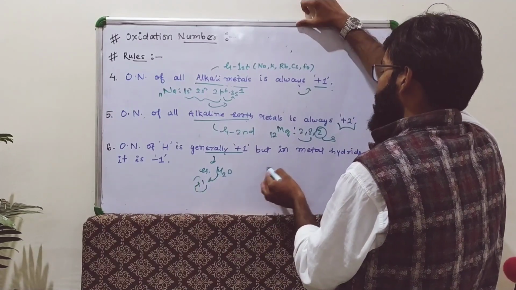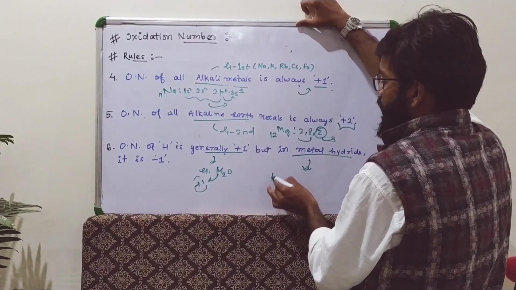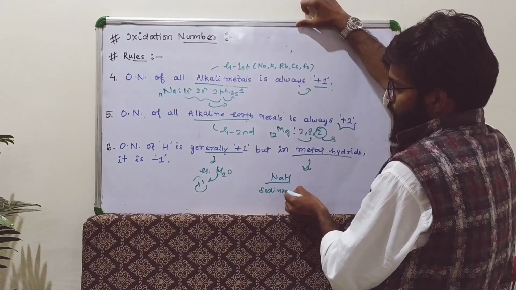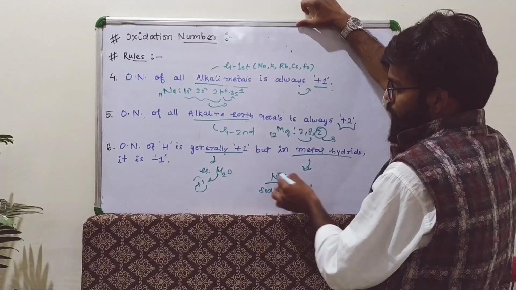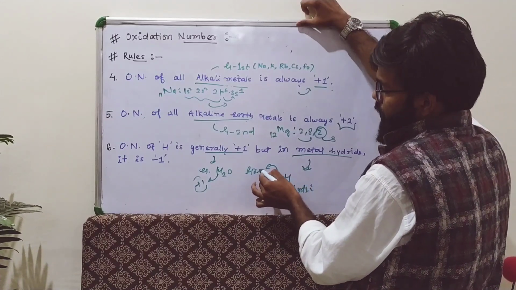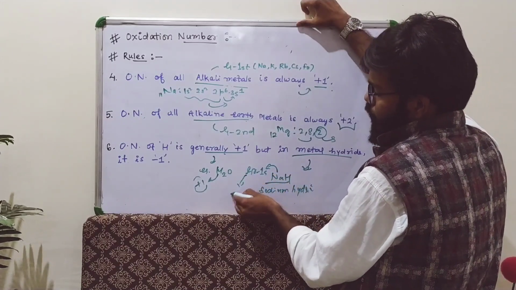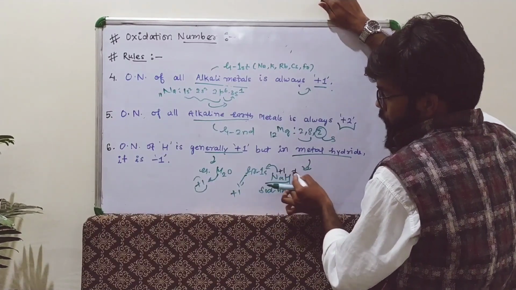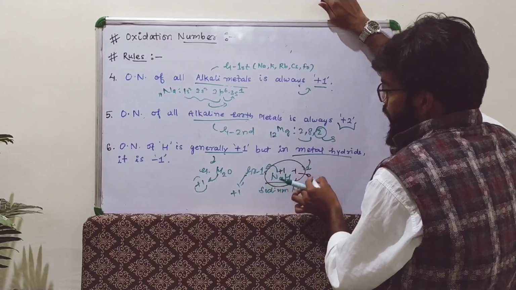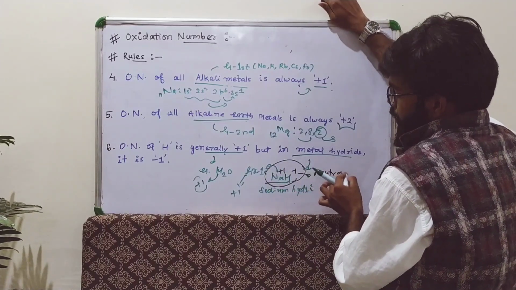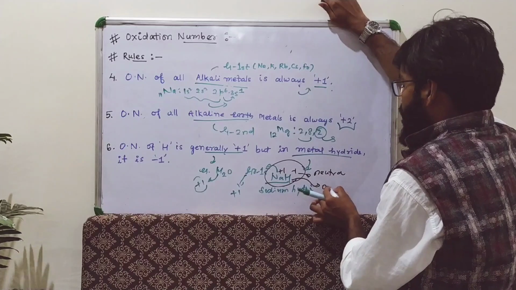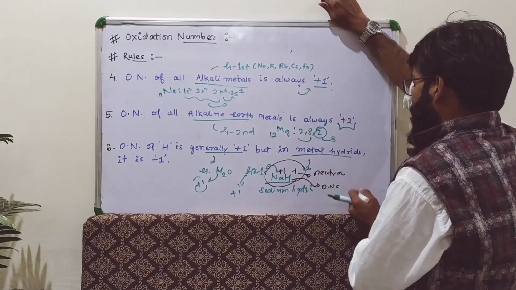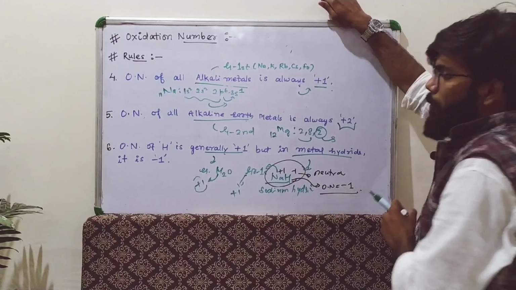But if we take a metal hydride, suppose sodium hydride, we have studied that sodium is a group first element, so it will always have +1 oxidation state. Then surely hydrogen will have -1 to make it neutral. So here hydrogen has oxidation number -1. I hope you have understood this.